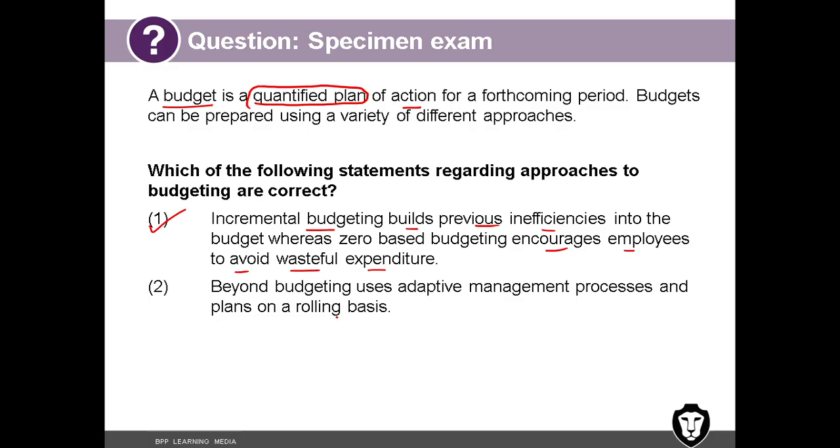Beyond budgeting uses adaptive management process. Okay, we did not discuss beyond budgeting. What is beyond budgeting? We give the budget to the managers as a guideline, as a comparator, as a yardstick. However, if you are practicing beyond budgeting principles, you give freedom to the managers to go outside the budget and do things, as long as they can justify their activities.